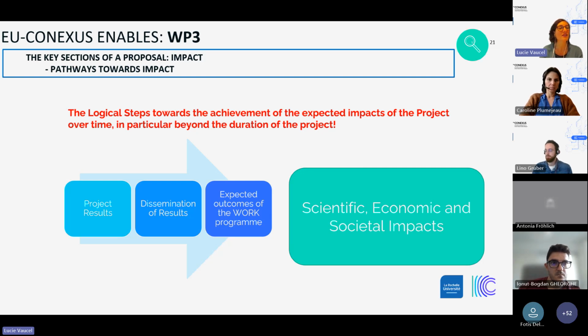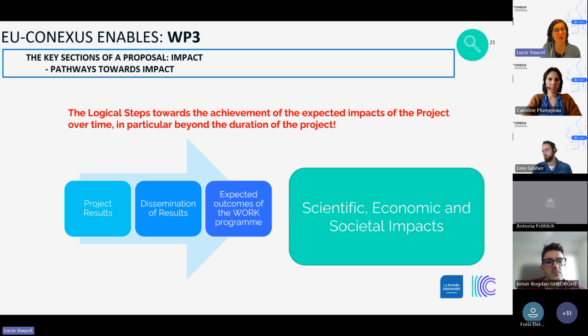Basically, that's the way it works, and what we call pathways towards impact. Those are the logical steps towards the achievement of the expected impacts of the project over time, in particular beyond the duration of the project. So it's exactly what I was saying: what will happen after the end of the project.